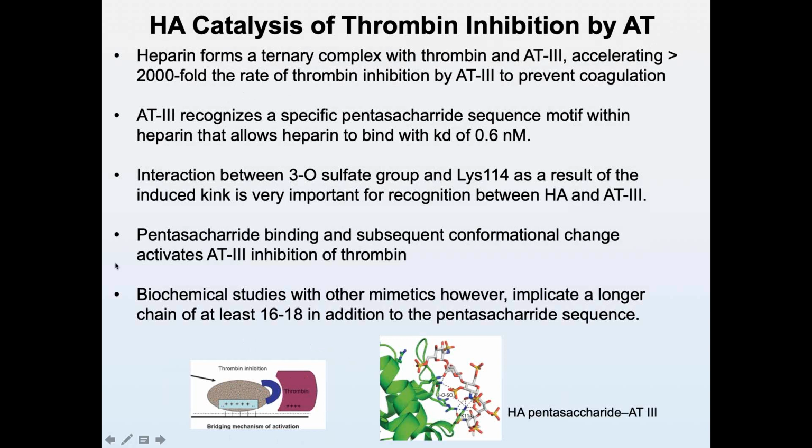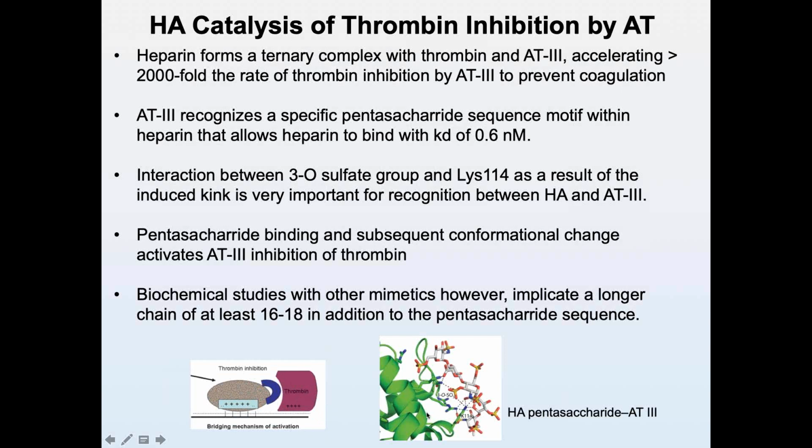How does this occur? It occurs with binding of the pentasaccharide of the heparin first to the antithrombin, which leads to activation of the antithrombin. There is a loop here which is able to interact with the thrombin, forms a complex, and in doing so inhibits the thrombin activity.